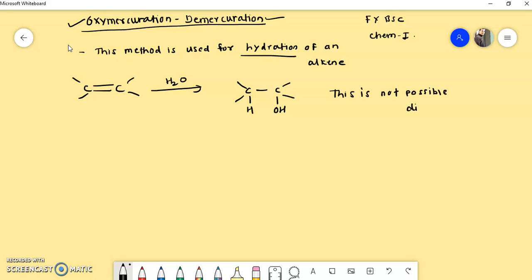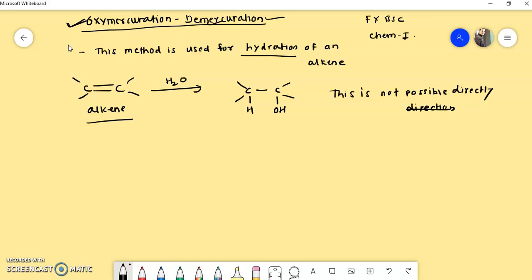That means addition of a water molecule to the double bond is not possible directly. So for this we will require another procedure to add the water molecule across the double bond of an alkene, and one of the most important procedures to do this is oxymercuration and demercuration.